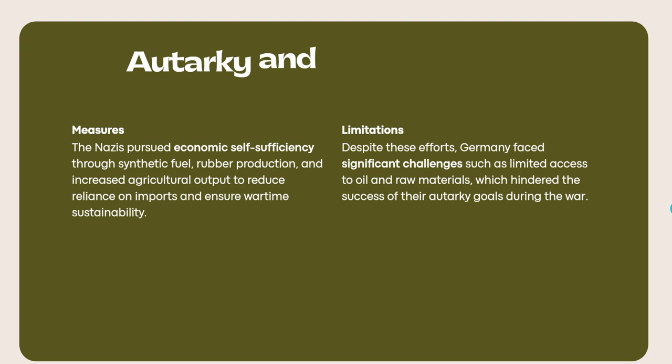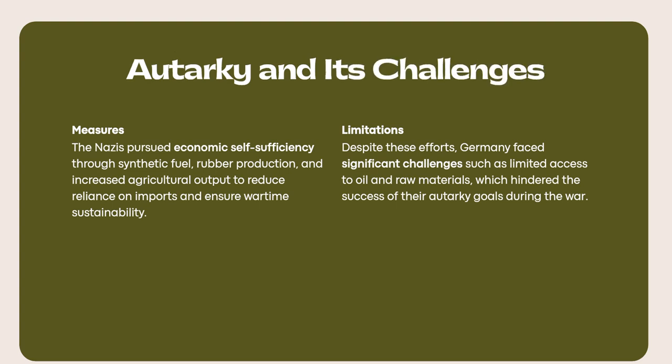Then another one, autarky, or economic self-sufficiency. Hitler wanted Germany to be independent from foreign countries. He developed the synthetic fuel and rubber industry, increased domestic food production, and controlled imports strictly. Then he searched for raw materials through territorial expansion, trying to capture other countries, like Poland, for example.